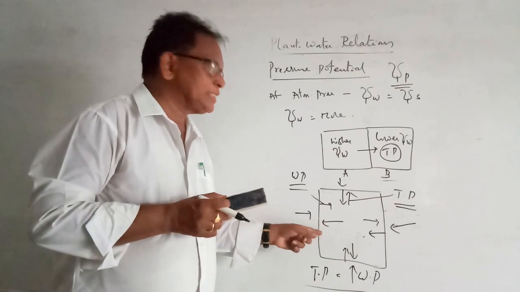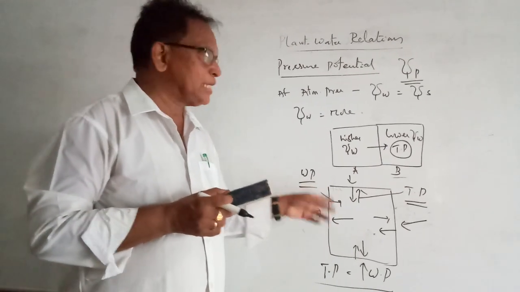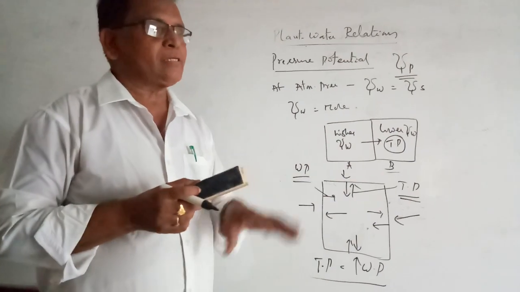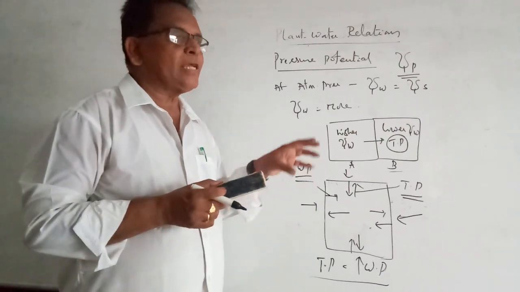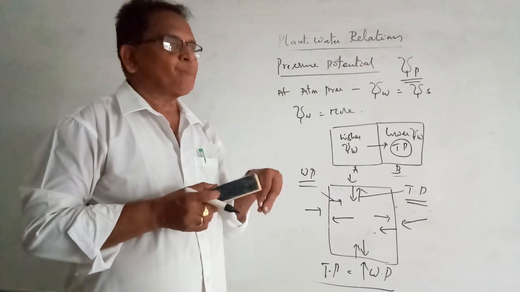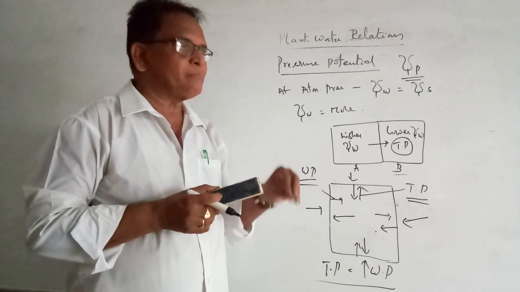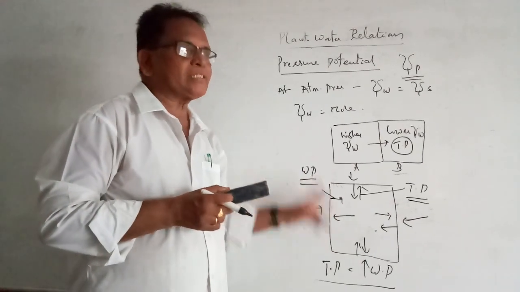Whenever the cell is in a turgid condition, this cell exhibits growth and development. So as a conceptual information, you can remember that plants exhibit growth and development. The reason is because of this turgidity of the cells.